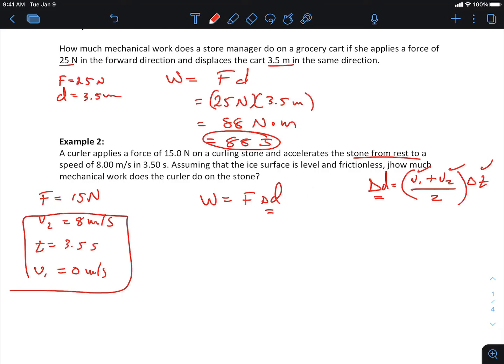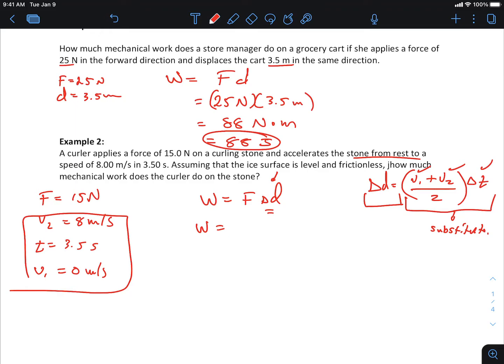Or, if you're feeling really fancy, if you know that delta D is this, then why don't you replace delta D with all of this? Or another word for that is substitute. Right? Where do you substitute it? Right here. So what's work equal to?